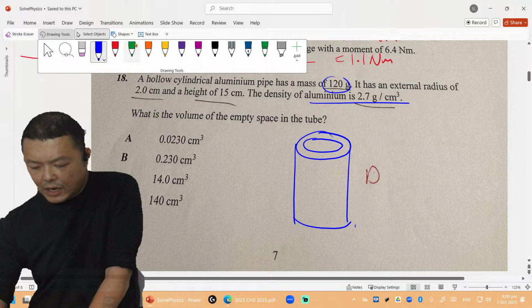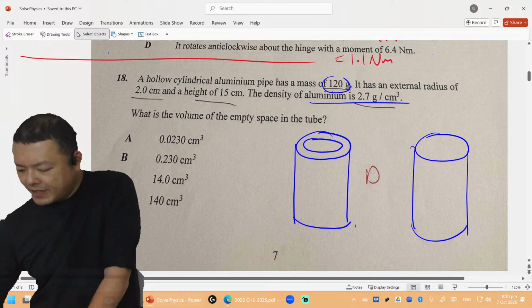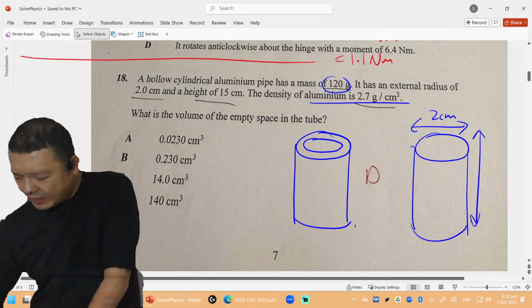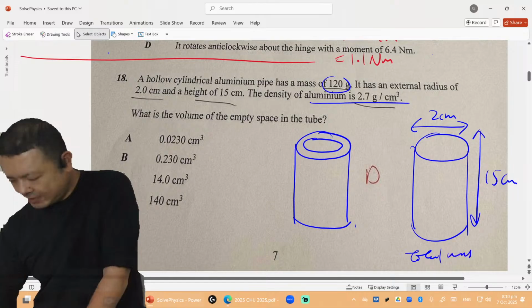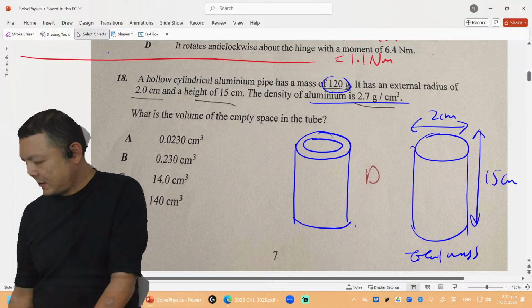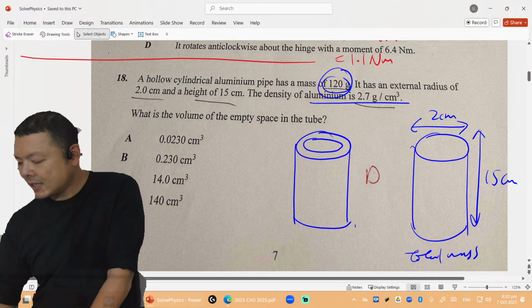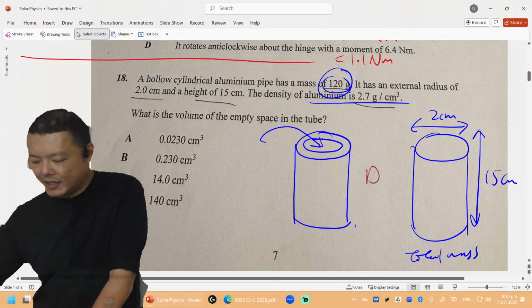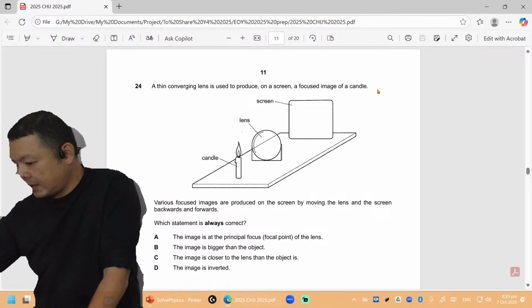So your job is to understand that what if you had a solid piece of aluminum of this external radius of 2 cm and the height of 15 cm, what would have been the total mass? Then you take that total mass, you minus away the 120 grams, that will be the missing mass. Then afterwards you find the volume. Okay, good. So that's for that.